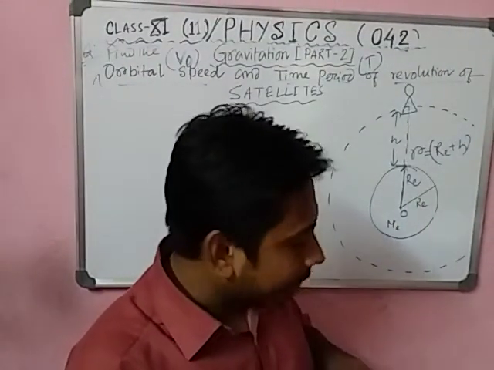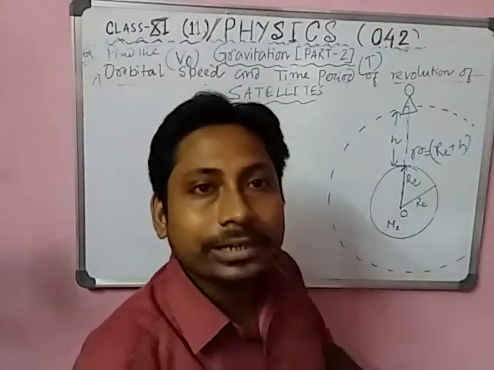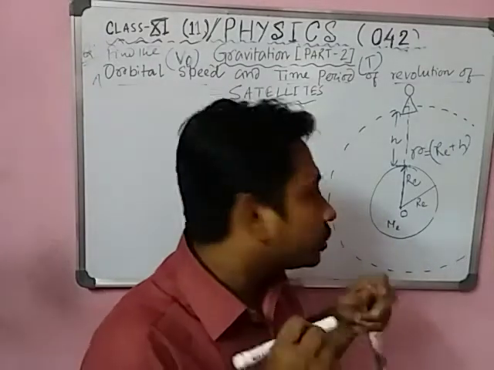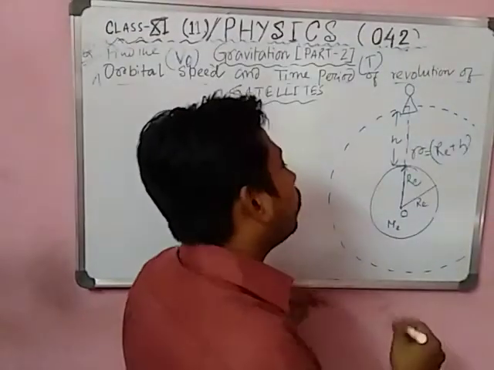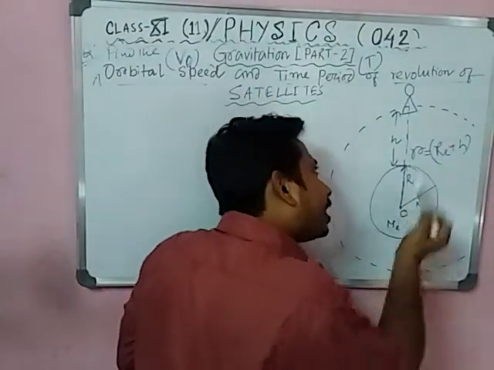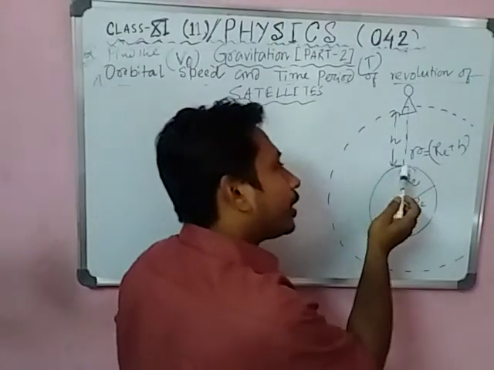You know, this gravitational force is a central force, and a central force always acts center to center. That's why we have taken the distance from the center to the satellite, not from the surface.